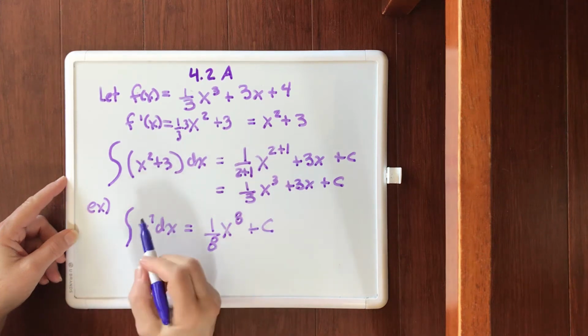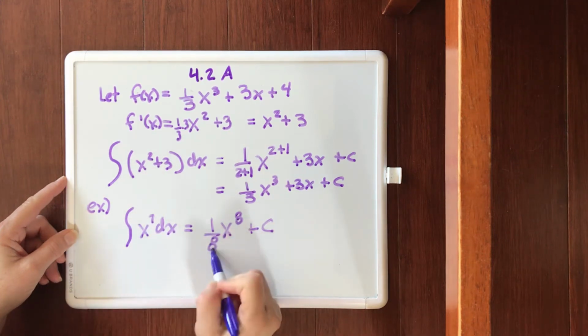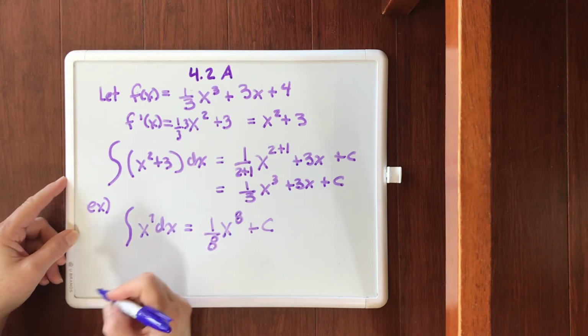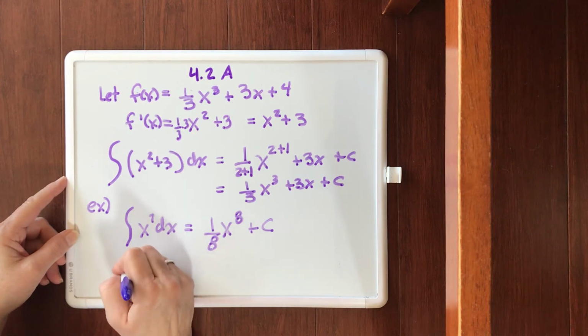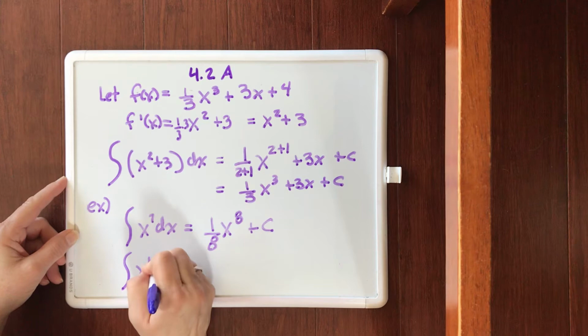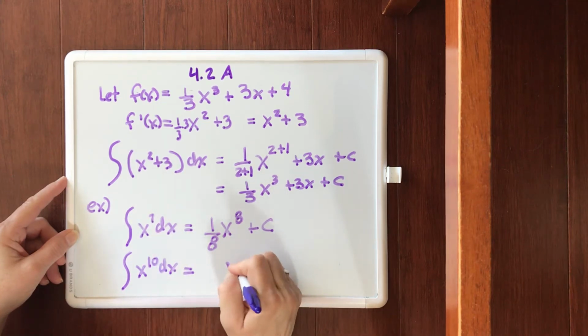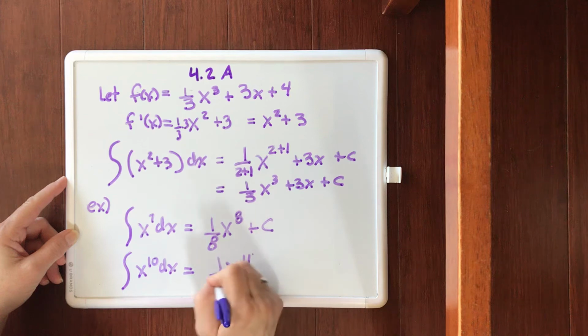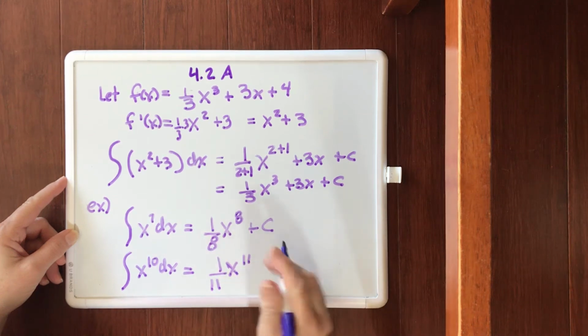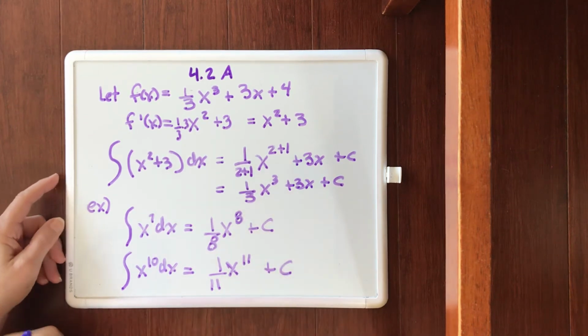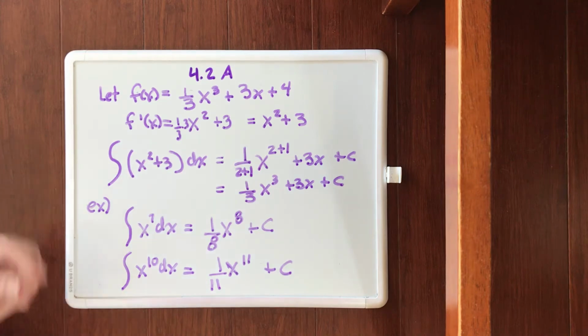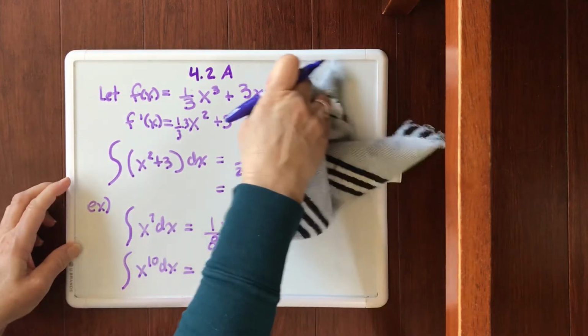So see how quick that goes. You add 1 to 7, get 8, divide by 8. Let's do another one. X to the 10 dx. We're going to add 1 to the 10, divide by that same number, plus c. See, not so bad.